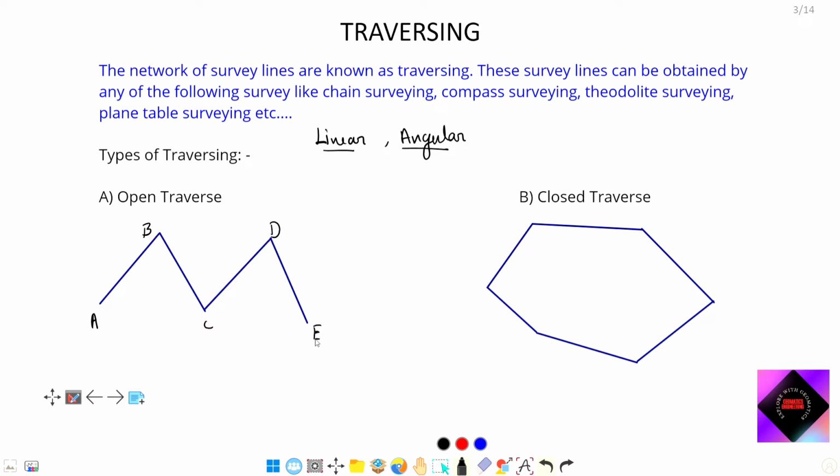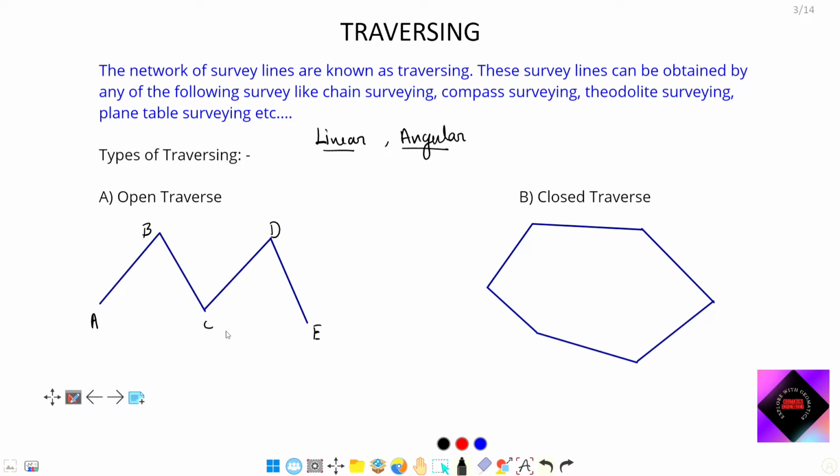With the help of this linear and angular measurement, we make a network of survey lines. For example, see here A, B, C, D, E: AB line, BC line, CD line, DE line. If our traversing starts from some point and ends at another point, then it is called an open traverse. It does not complete a loop; the end point is not the same as the start point.